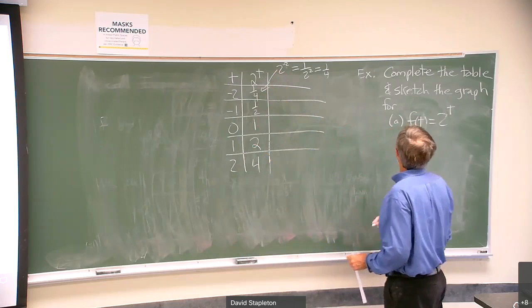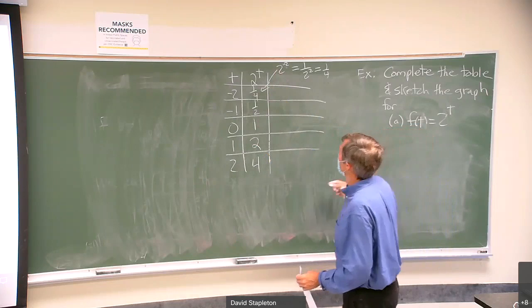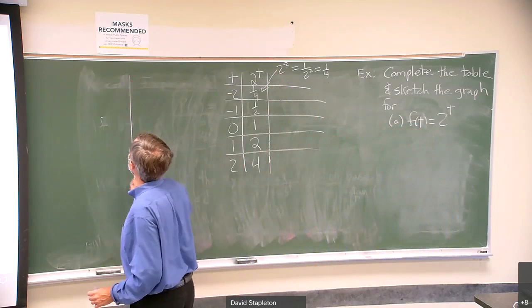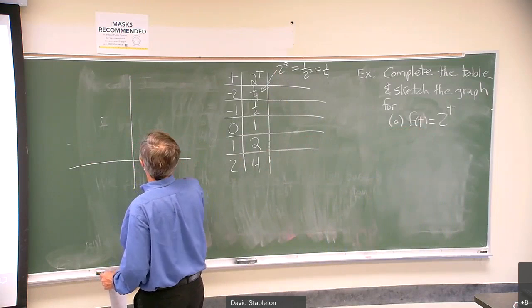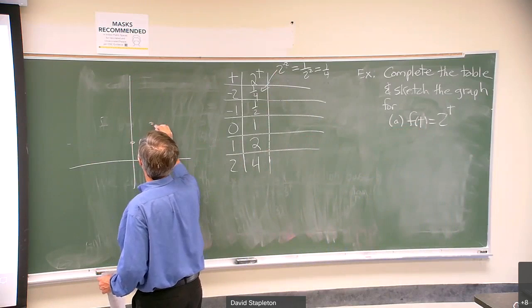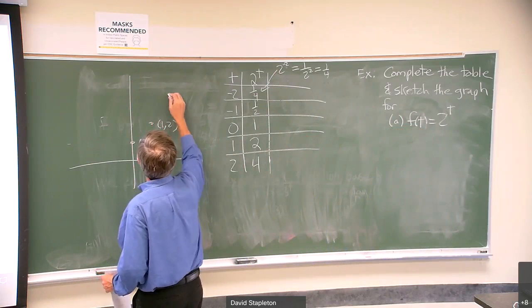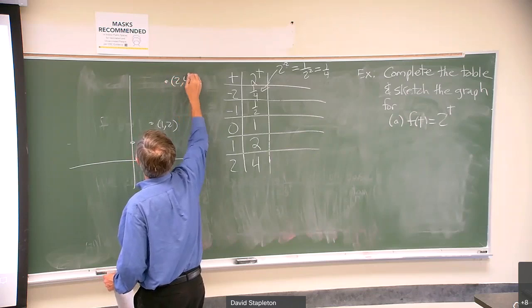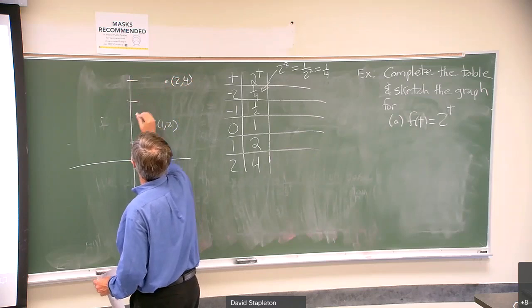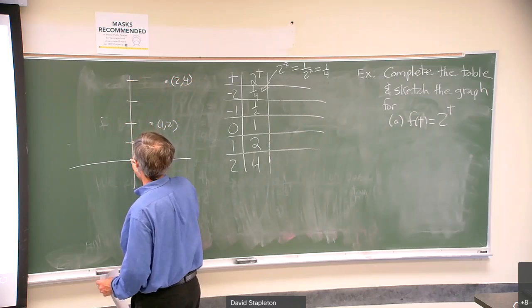Spread these out, and now I can sketch the graph on this. I can sketch 0, 1, then 1, 2, then 2, 4.